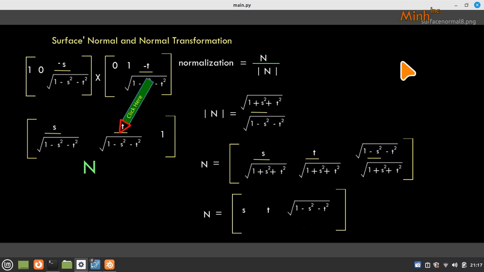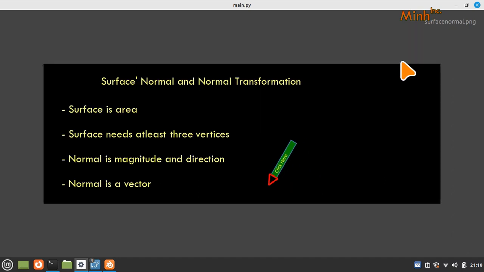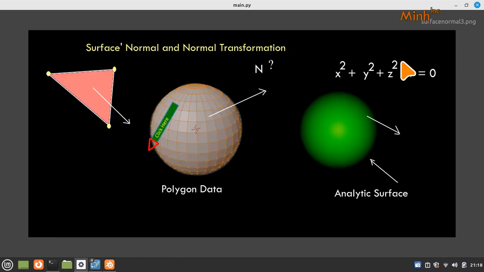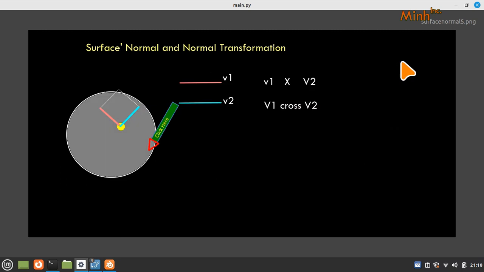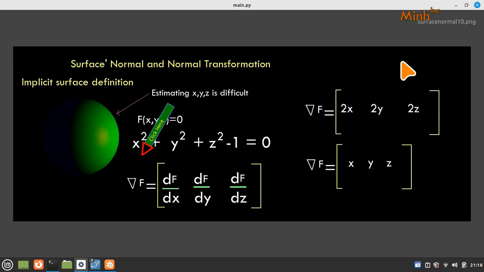Once we find the normal, we do the normalization and we get the actual normal direction. We are talking about normal direction, this one, not this one. If we do P1 minus P2, it leads to the actual vector direction. Okay, normal is a vector. Vector has its own rule and regulation. It's not that easy. It can make someone's life hell, this vector direction.